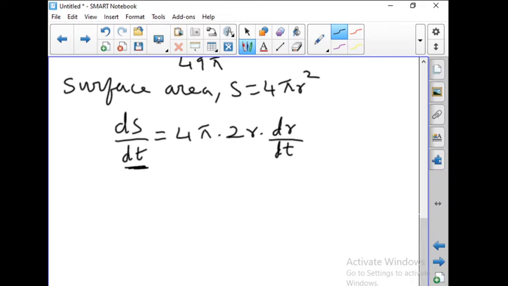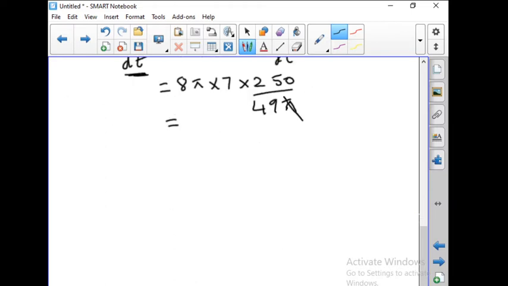So we use the chain rule, remember that always. So this is equal to 8 pi, r is 7 and dr by dt is 250 by 49 pi. Pi gets cancelled, 7 goes into 49 seven times. So what is remaining? 8 into 250 gives 2000 by 7.